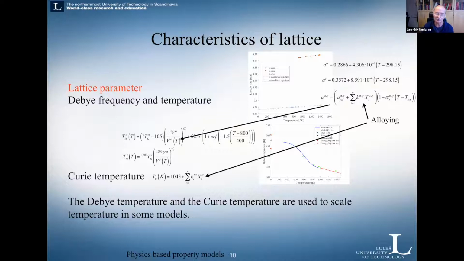As I said, it's not really a temperature, it's the frequency of the lattice. The Curie temperature is one parameter that comes in, particularly in the steels, and it's also composition dependent. And we use them to scale the temperature in our model. So we divide temperature by either the Debye temperature or the Curie temperature.